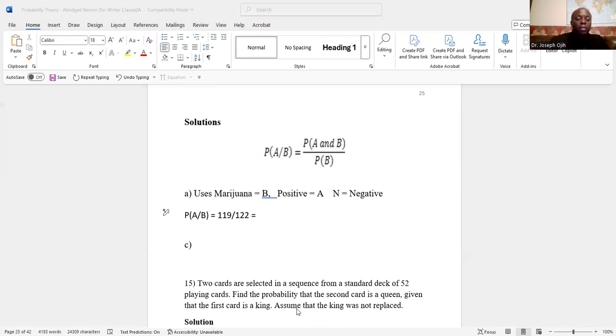Let's see our calculator. Where is it located? Okay, I'm gonna find it up here. So I'm gonna share it with you. Before I do that, let me write this thing down.